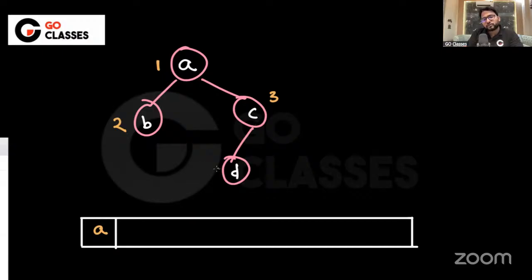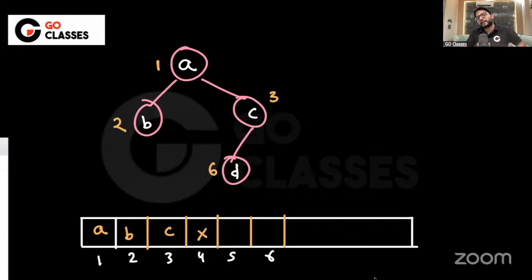So basically 1, 2, 3, 4, 5, 6. This is index 1, index 2, index 3, index 4, index 5, index 6. So at 2 you will be storing B. At 3 you will be storing C. At 4 you cannot store D. At 6 only you can store D.